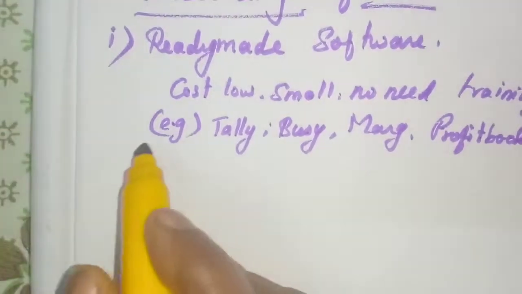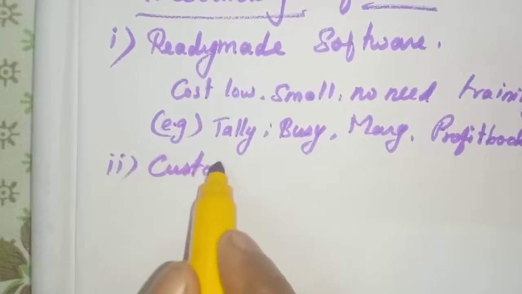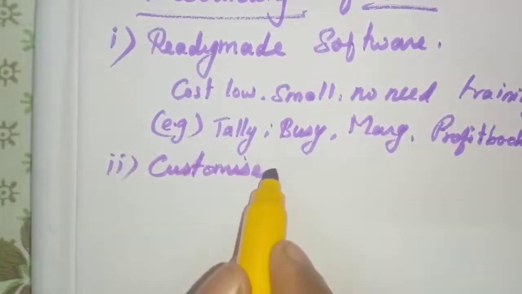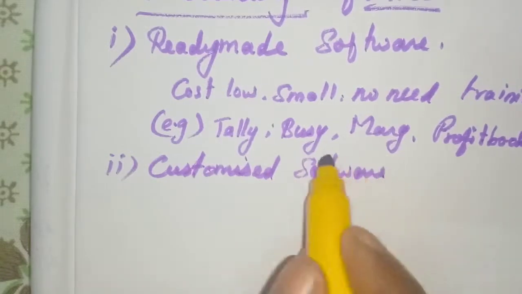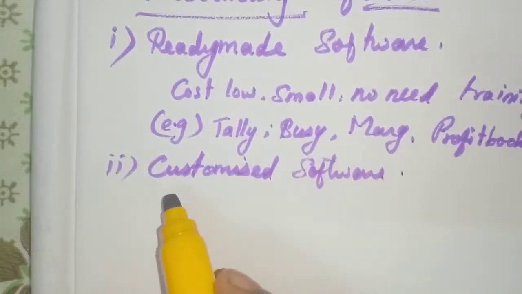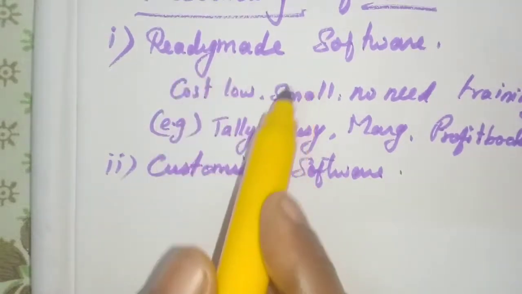Second one, customized software. Here, this software is for business organizations where the ready-made software cannot be used.